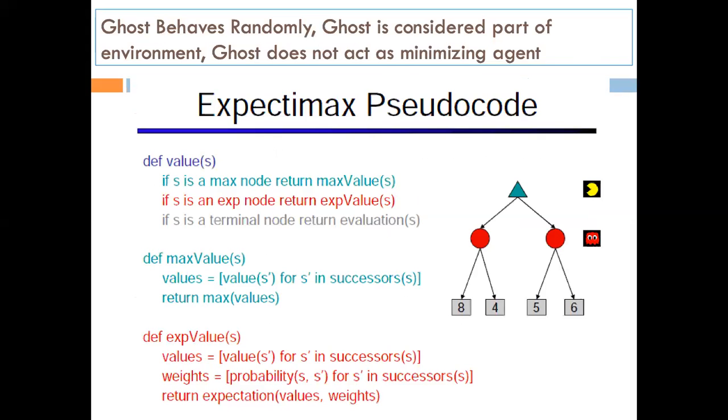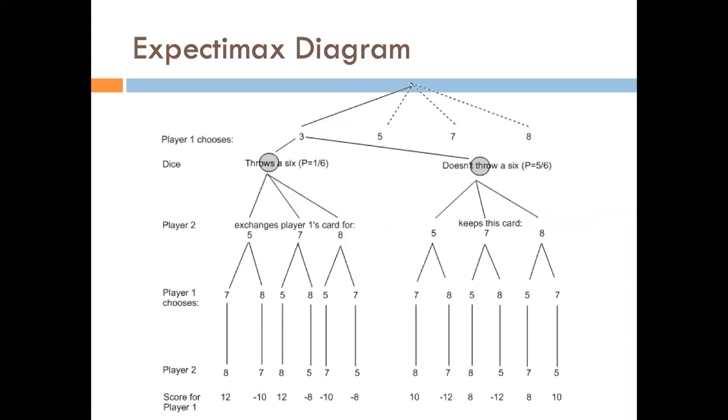And here is an example of expecti-max. You can see here, in case of expecti-max, you have a chance node. This chance node is here because some random process is being involved.